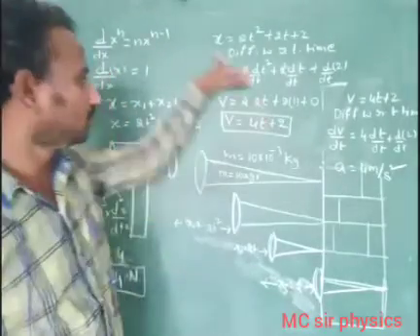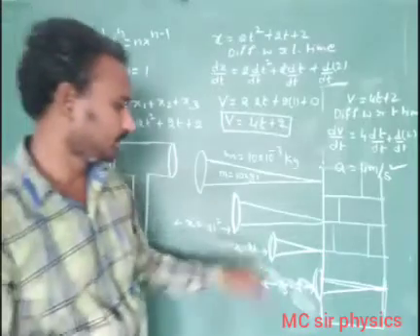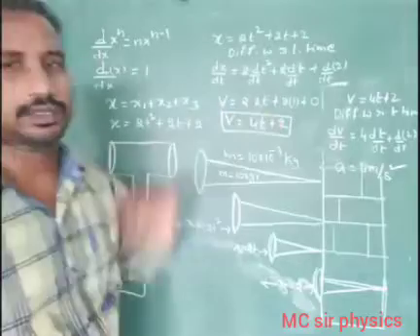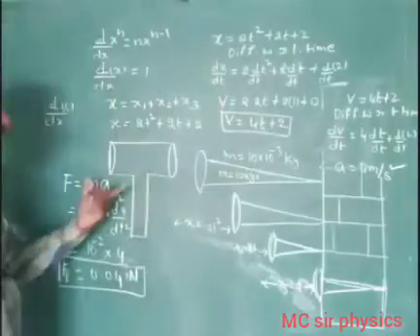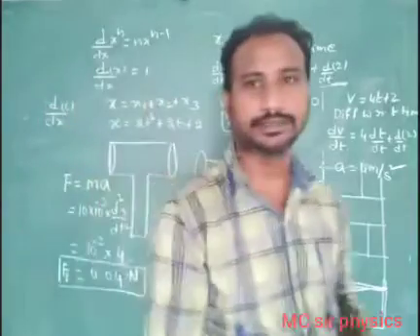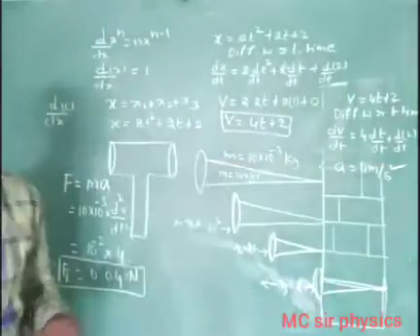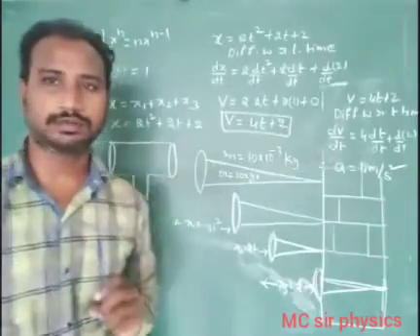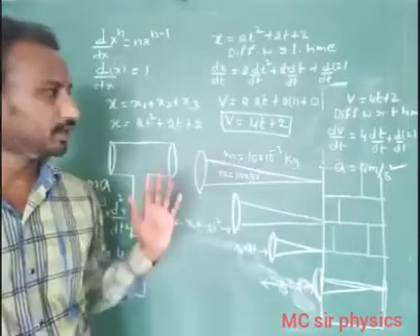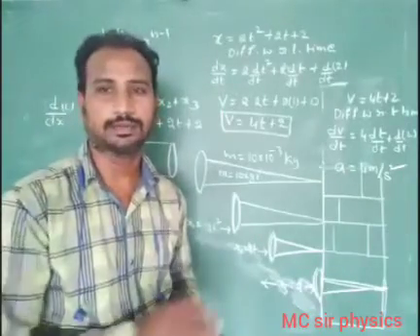Here the displacements are x1 equals 2t square, x2 equals 2t, x3 equals 2. Then find the acceleration and substitute it in the force formula, force equals mass into acceleration. Students, note down these points. Next, I will give some example problems for homework. They are very easy problems, and we can easily get full marks in them.